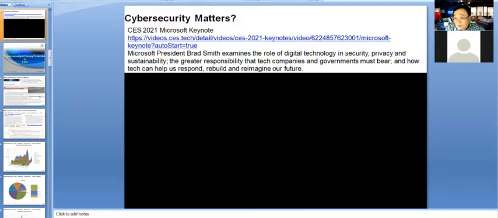He focused on security, cybersecurity, privacy, and sustainability. What does that mean? The most important part of enterprise management and innovation is sustainability. This is related to ESG, and especially to cybersecurity and privacy.